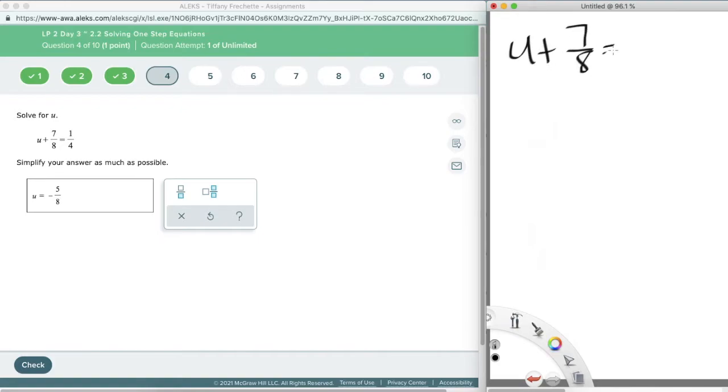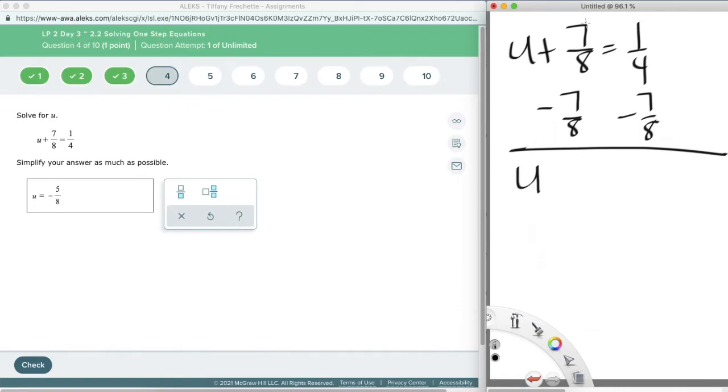by creating like fractions. So in this case, I just say, well, I want to get U by itself, so I'm going to subtract 7/8 from both sides, like this. U, and then 7/8 minus 7/8, even though, yeah, they're a little funky, they're still the same number, so they cancel. The only thing over here is I have 1/4 minus 7/8.